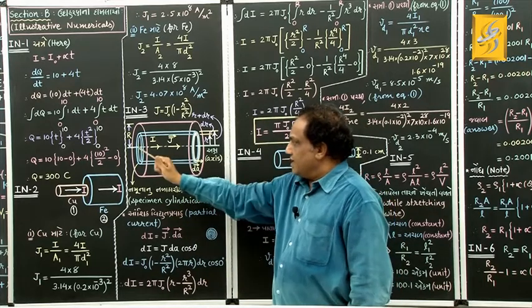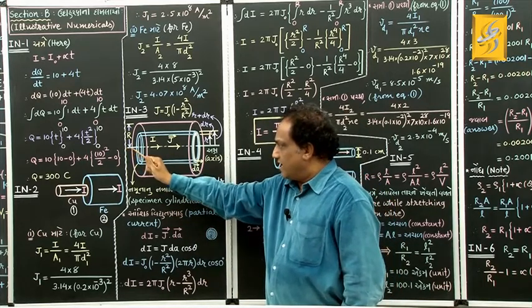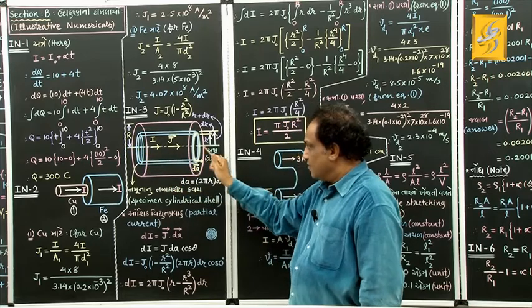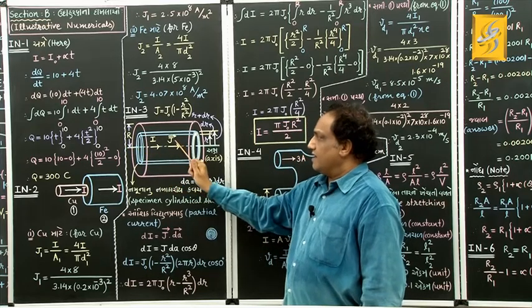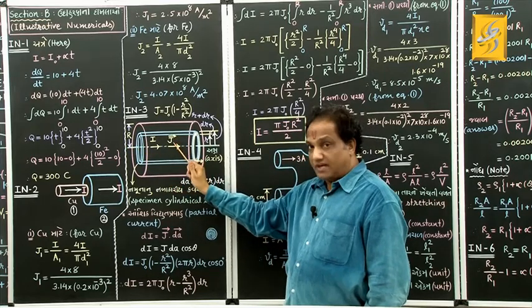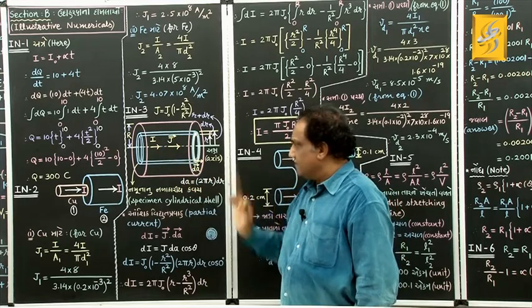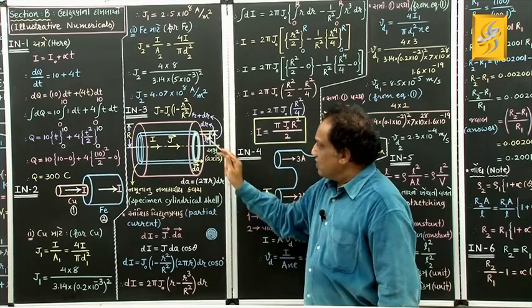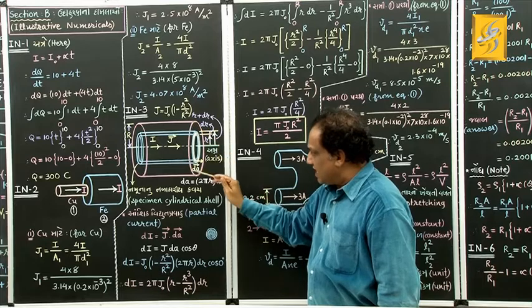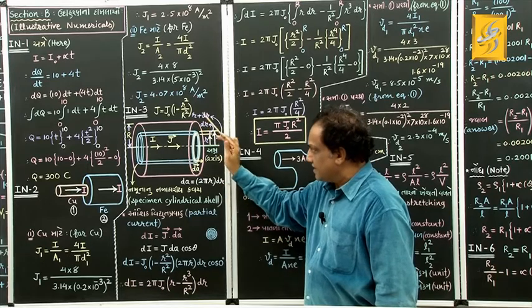Here current is flowing parallel to the axis, and we take the electric current density vector always in the direction of electric current. Now we want the total current passing through this entire cross section of this cylindrical conductor.